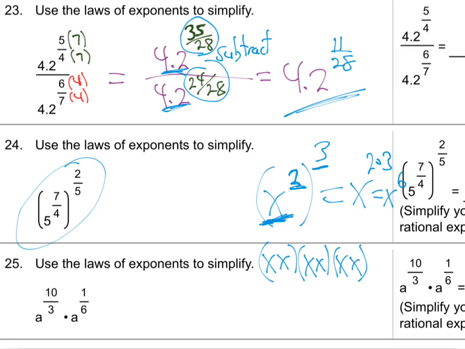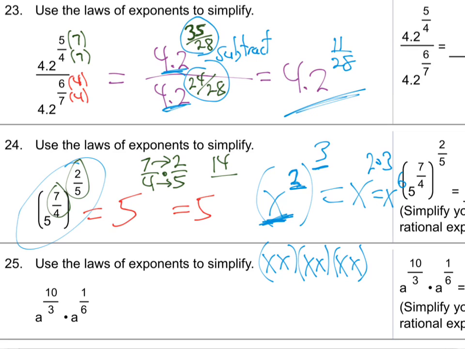So you multiply. Basically this is going to equal, keep the base, 5, and then you take the 7/4 and the 2/5, and you times them, which becomes what? 2 times 7, 14, 4 times 5, 20, and then we can reduce that.